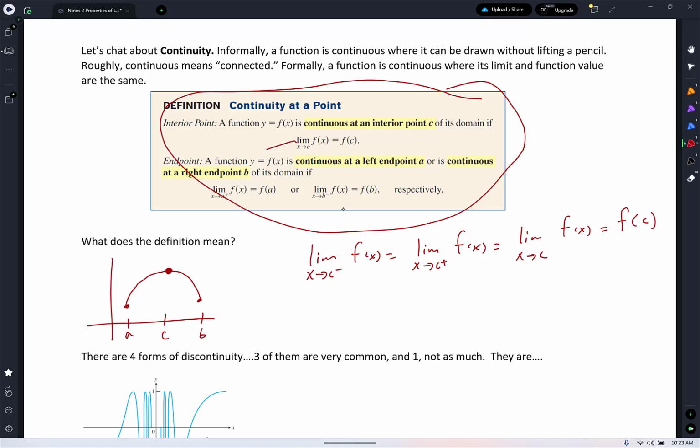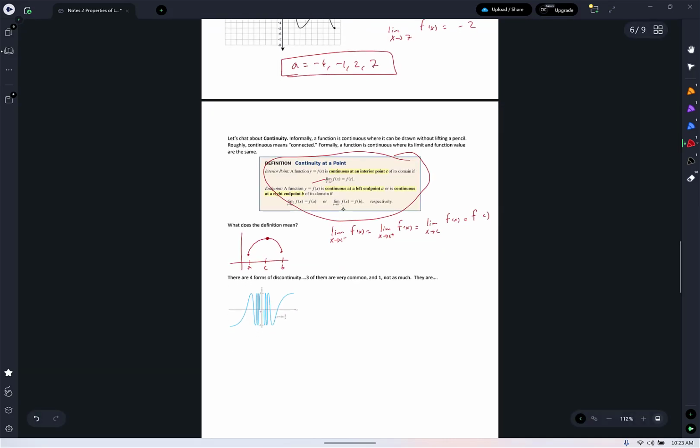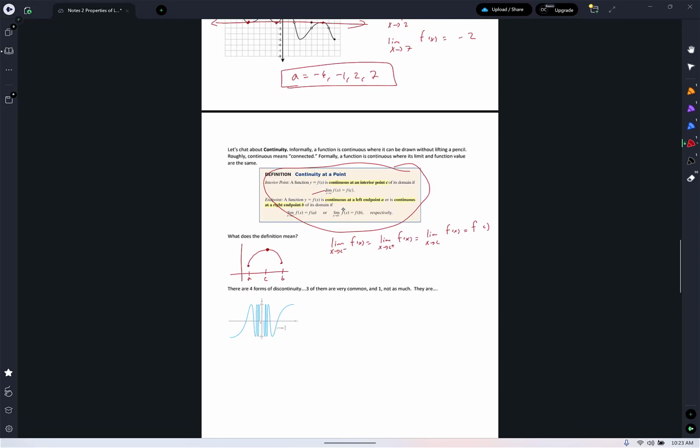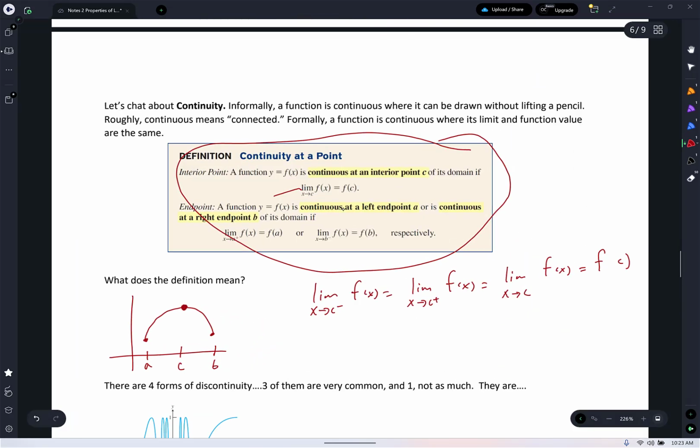And don't worry, I'm going to explain it. Come over here. So this is the main point, the f of C. If I take this f of C out, this is just the definition of a limit. So I could have had an open circle and it would have still equaled whatever that value is.